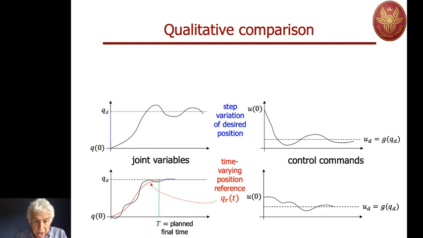We will not necessarily follow this trajectory, but the actual trajectory of the robot, this is just one representative joint, will oscillate around it, and then when the final planned time is reached, the reference becomes constant, and so we are back to the conventional regulation task, but now the initial error for this final transient will be small.